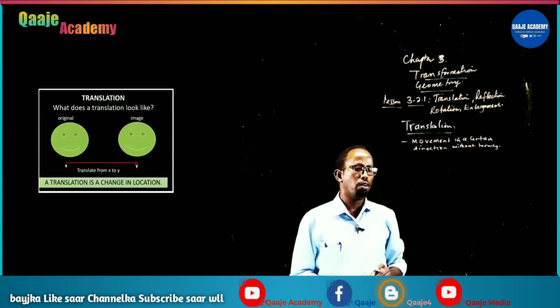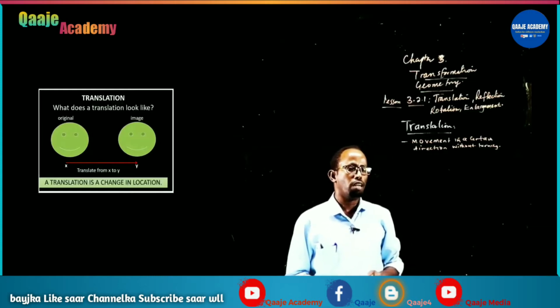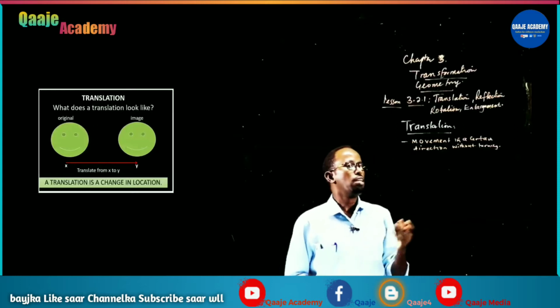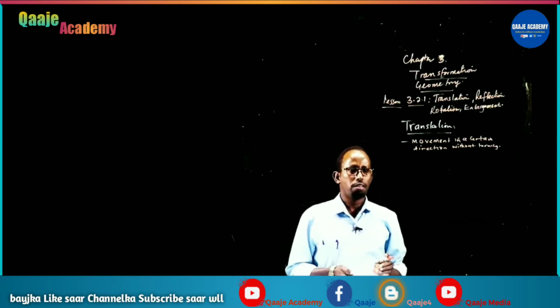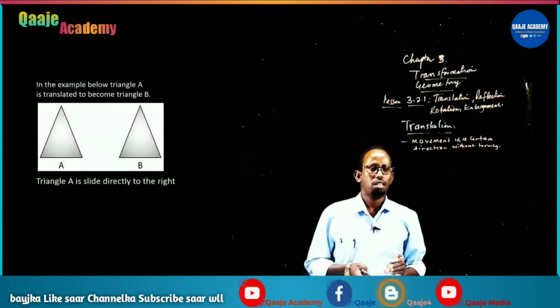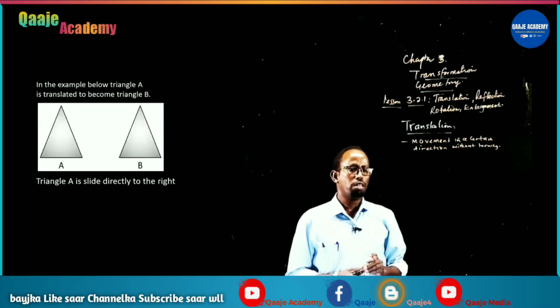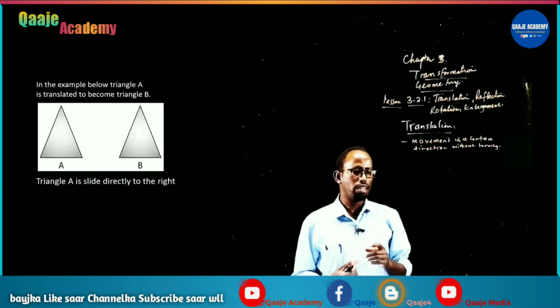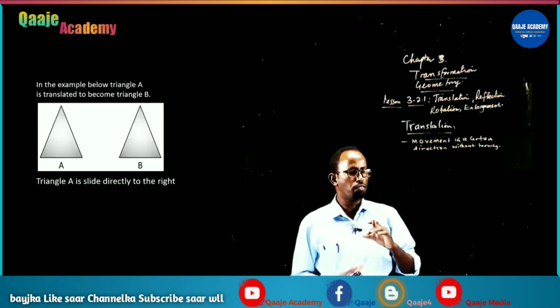From the table, the first shape is the original, which is the object, and then we have the image. In the example below, there is a triangle A that is translated to become triangle B. A is moved horizontally.